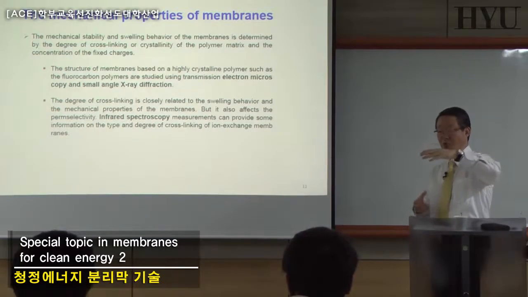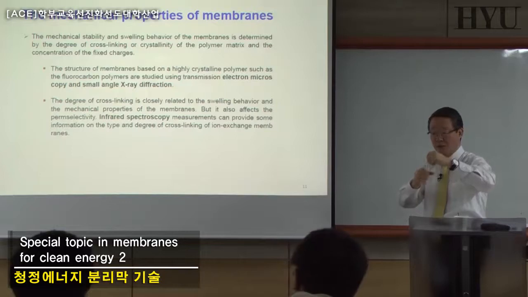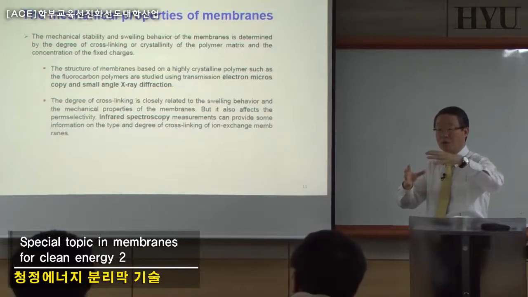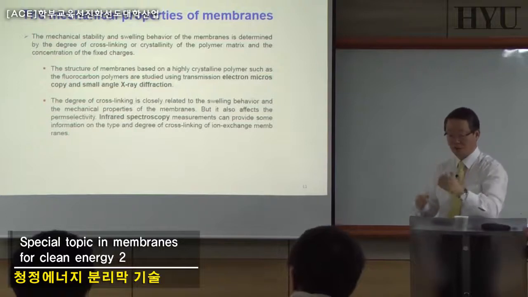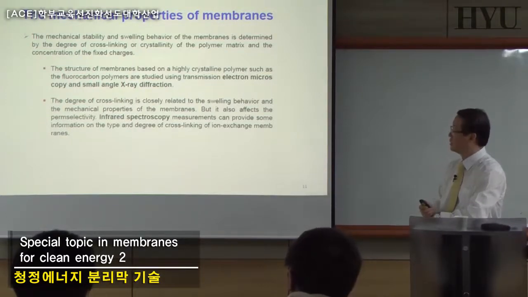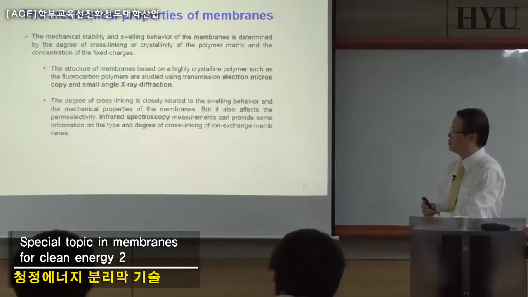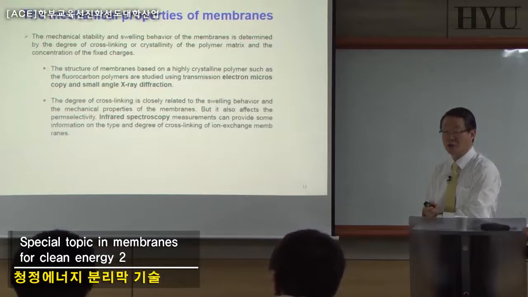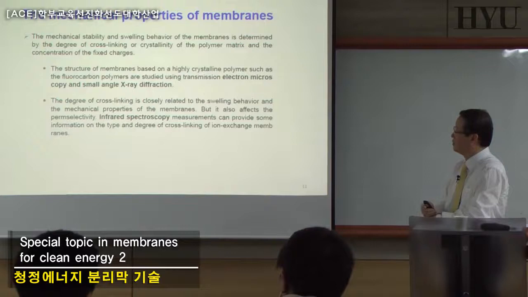Rather, it is swollen, because it absorbs the organic solvents. So by measuring the swelling degree, we can calculate the cross-linking density. Infrared spectroscopy is also used to measure the cross-linking density, if you know the exact functional groups in your chains.